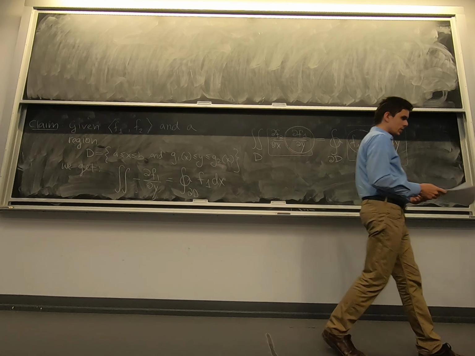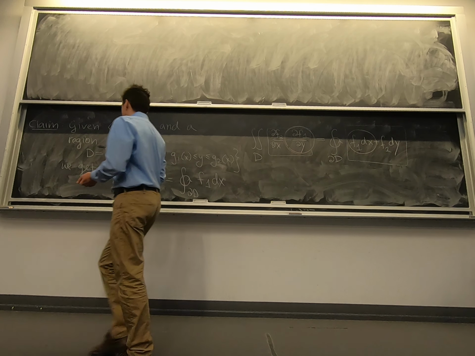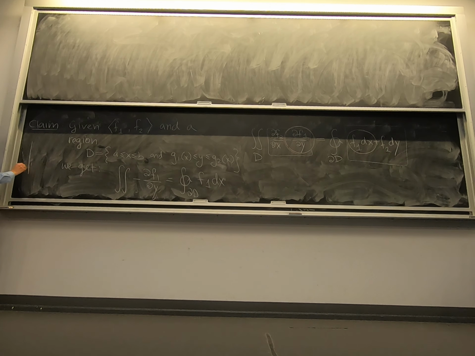Okay, so I've written down a pretty scary looking definition of this region. This is sort of lots of formulas coming out of nowhere. What this specification of the region is doing is saying that our region is bounded by two graphs, so that our region D looks something like this.